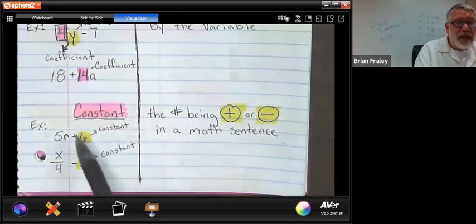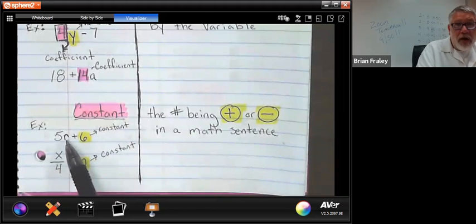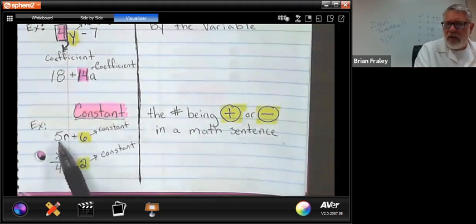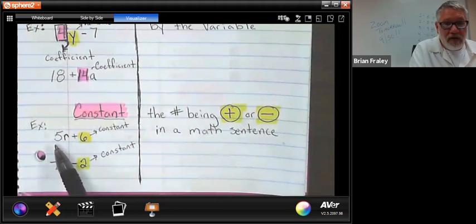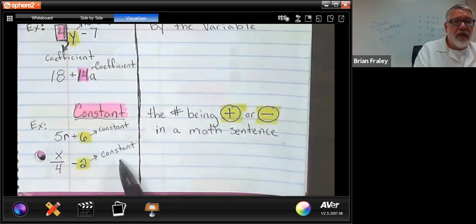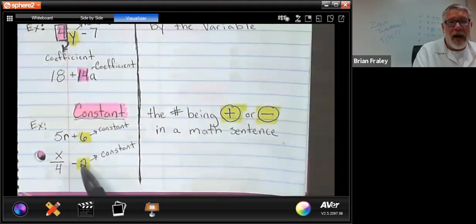Well, 6 is being added, so that's our constant. Hopefully you guys know that r is the variable, and we would call 5 the coefficient, okay? And then the constant in this one, x over 4, x divided by 4, minus 2. The 2 is your constant, all right?